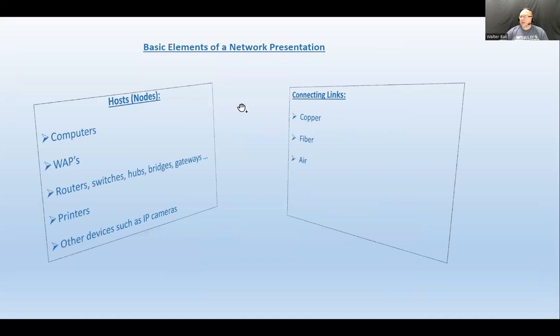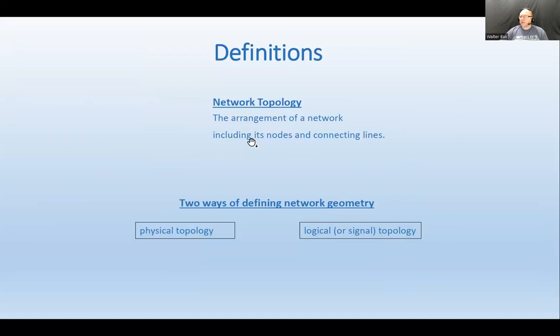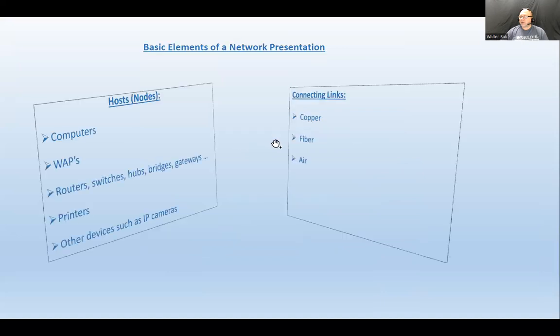Remember, network topology is the arrangement including its nodes and connecting lines. What are nodes? Nodes are all the smart devices that are connected to the network. For the most part, they would be computers or PCs, wireless access points.